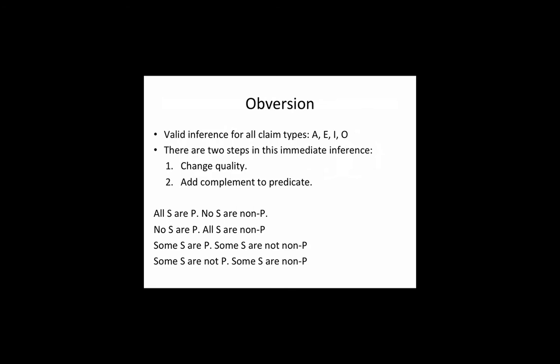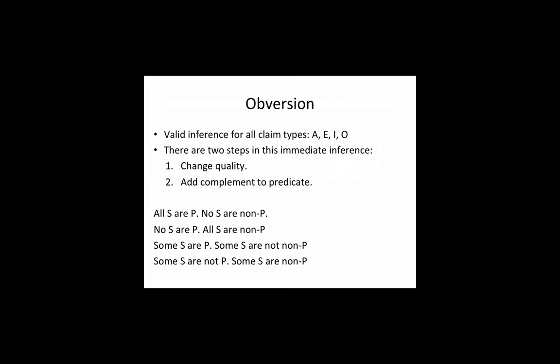Obversion is the most robust immediate inference involving manipulation of a proposition's internal structure. It's the most robust because it's valid for all four claim types on both the traditional and modern interpretations. So here's what we do. We take a proposition and we change its quality.